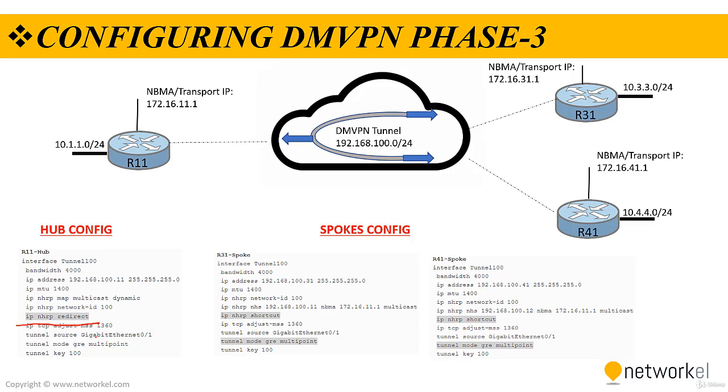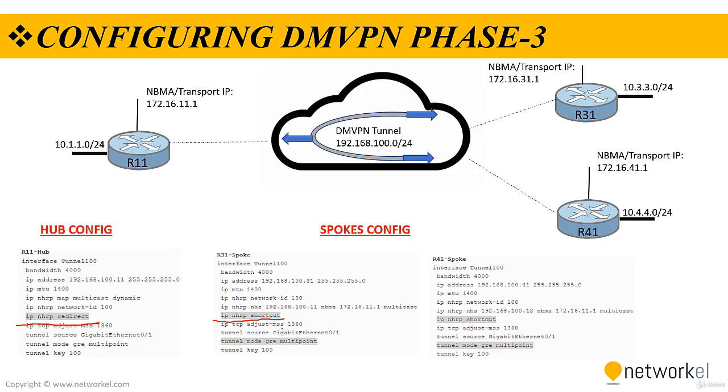And the phase 3 DMVPN configuration for spoke routers uses the multipoint GRE tunnel interface and uses the command, as you can see in here, ip nhrp shortcut on the tunnel interface, which enables the NHRP shortcut function.